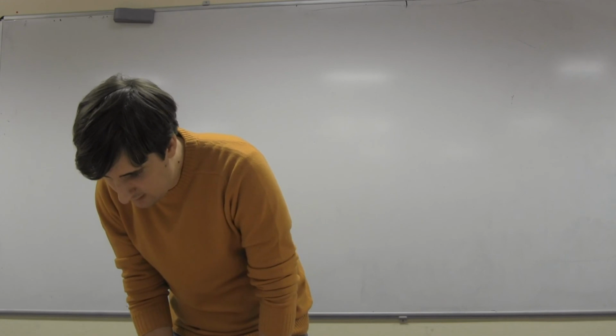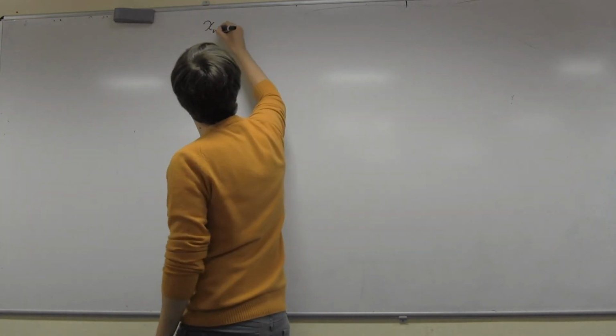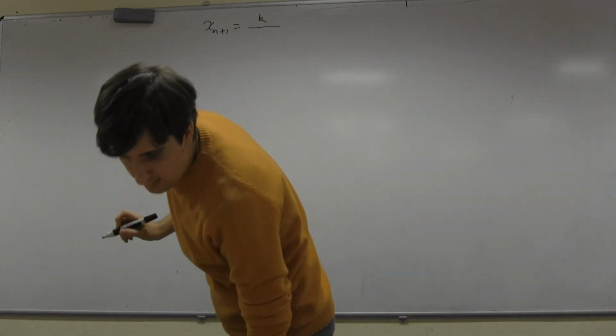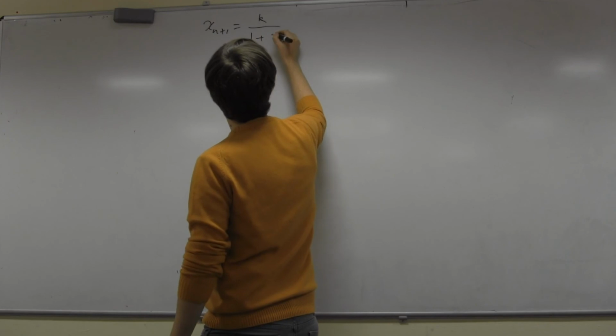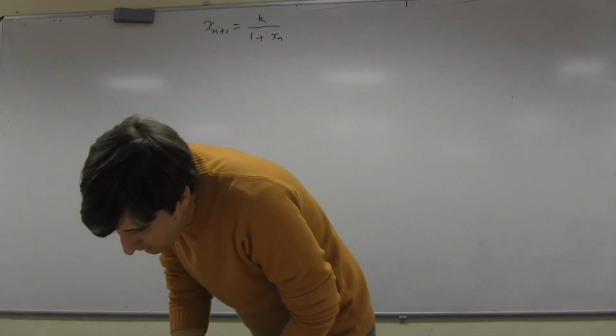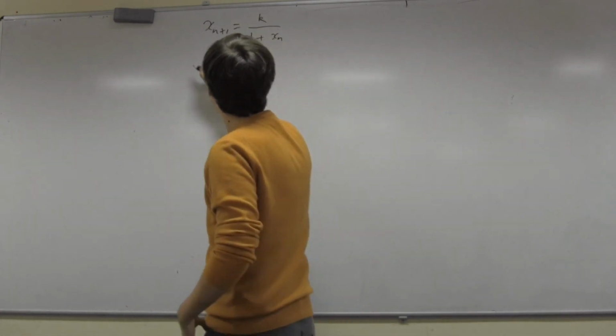So let me write things down. We've got xn plus 1 is k over 1 plus xn, the funny sequence, and they want us to look at x2n and x2n minus 1.